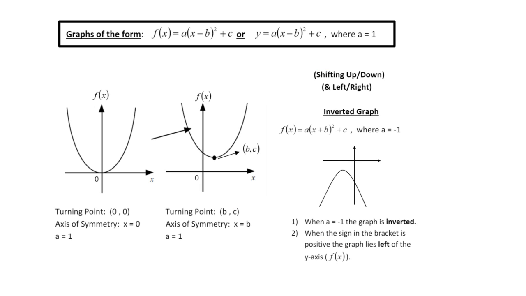Right, what we're going to do now is have a look at what happens when we combine those two movements: movements left and right and up and down. As always, we're going to start by concentrating on f(x) = x squared.